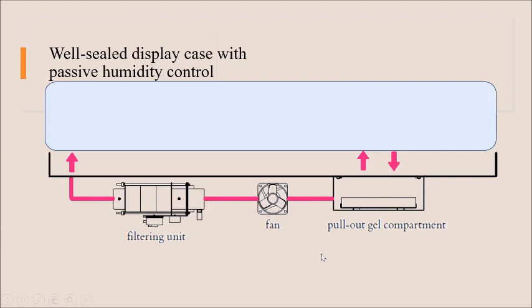So this is still passive. It is not an active control where we know exactly what humidity we want, and if it is greater or less than this range, then it has to be controlled immediately, and the environment should always remain at that humidity, temperature and air quality within the display case, not the building I'm talking about, as per the specifications for that particular artifact.